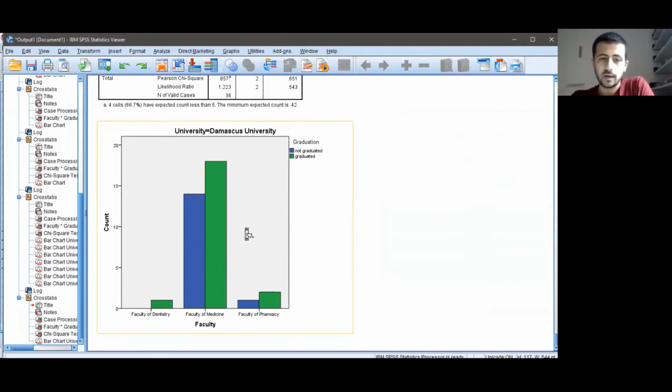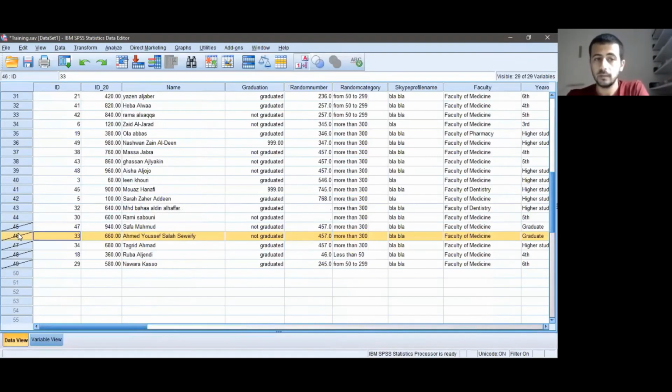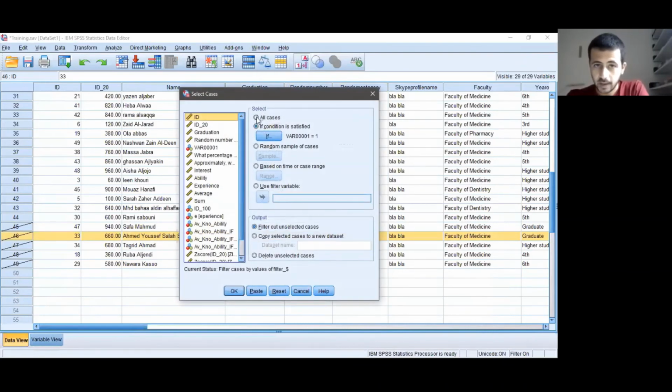Okay, I have this figure that represents just the faculty of the University of Damascus. Do you agree this is a useful tool? But remember to go back to the selected cases and select all cases, because if you keep working on the same selection, you will keep receiving just the results for Damascus University.